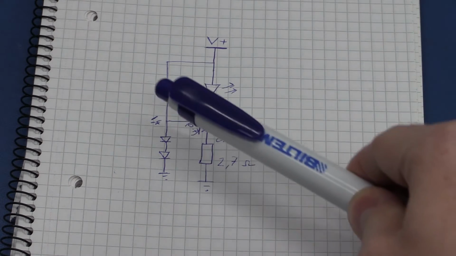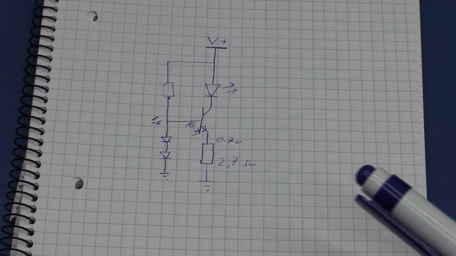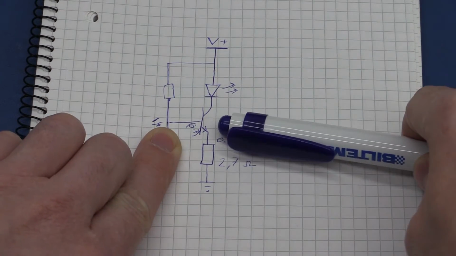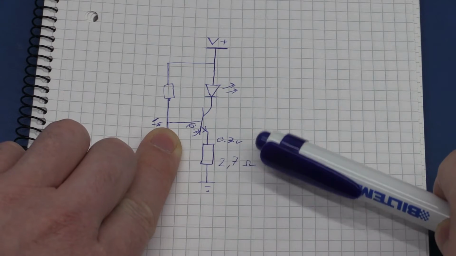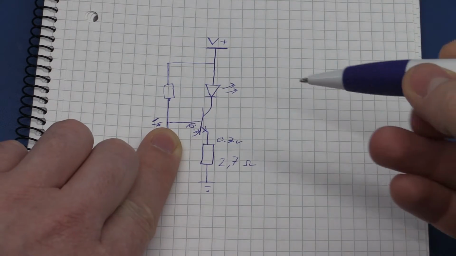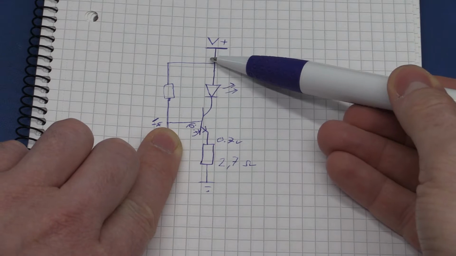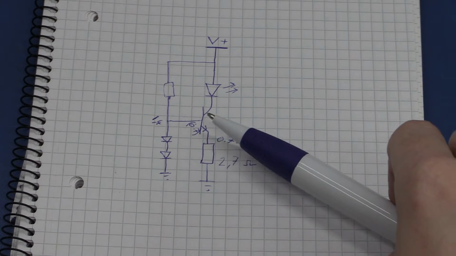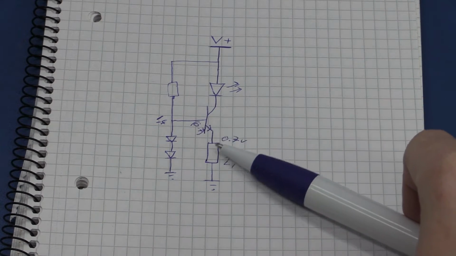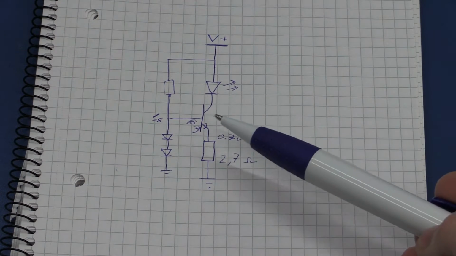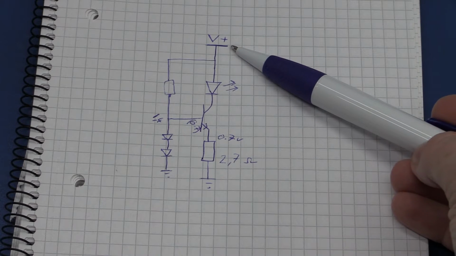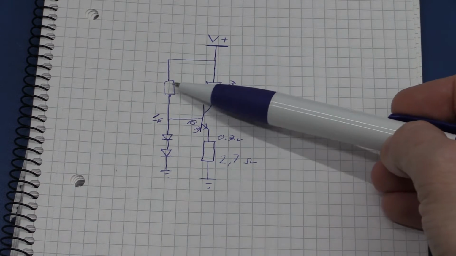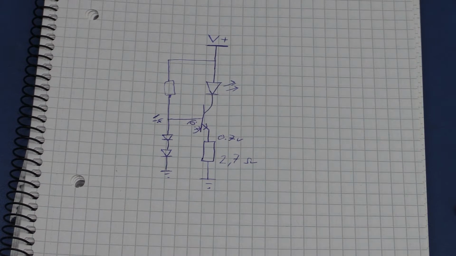So in the case of a minimum gain of 50, we would take our current here, 260 milliamps, divided by 50, and that gives us the current that as a minimum needs to flow through here. So that is 5.2 milliamps that we need to be able to supply into the base here, and that would depend on this voltage. So we have to set this voltage first, and then we can select the resistor here.